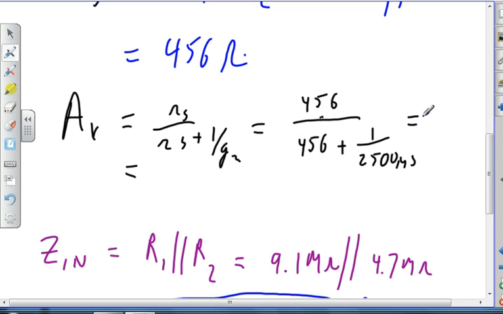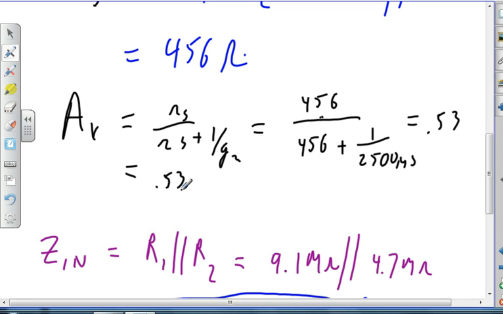And okay, yes, I just put it in: 456 divided by parentheses 456 plus 1 divided by 2500E-6 close parentheses equals, well, that's even worse. 0.53. That's not much of a gain.